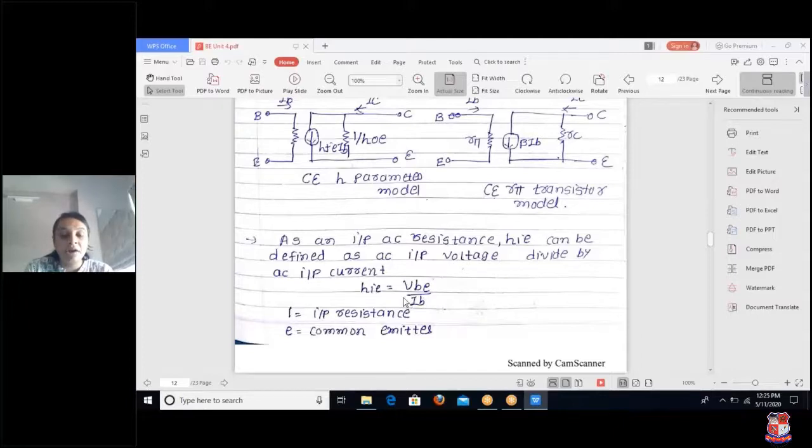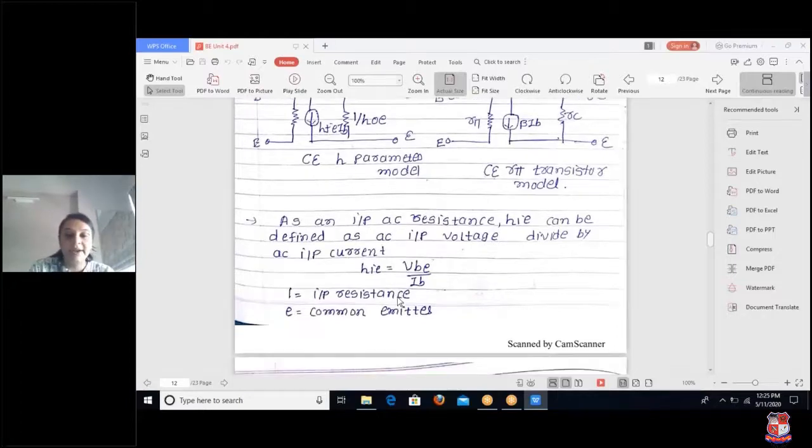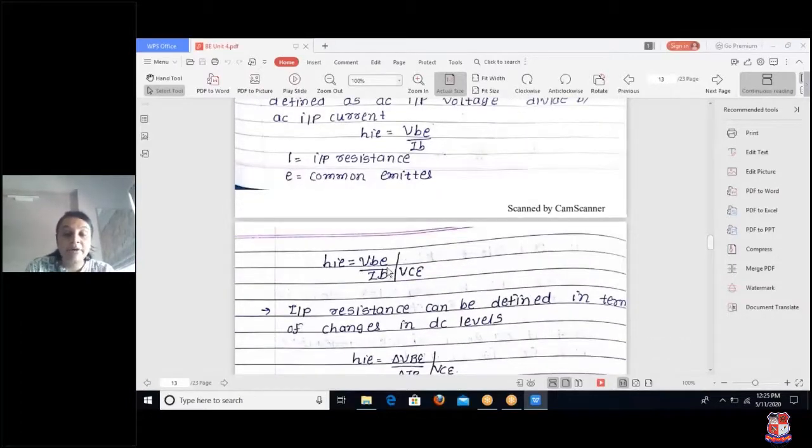Whenever we find the value of VBE to IB, we put the value of VBE upon IB. VBE is your input voltage, and VBE upon IB is known as HIE, right? So HIE is your VBE upon IB when VCE is constant, right?